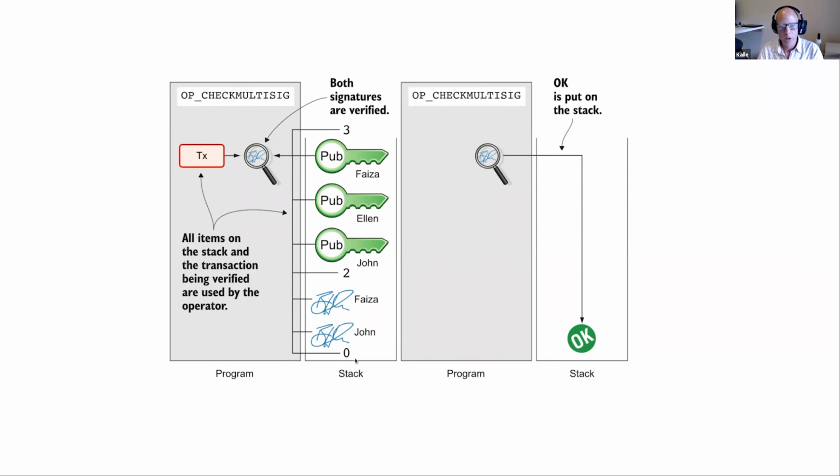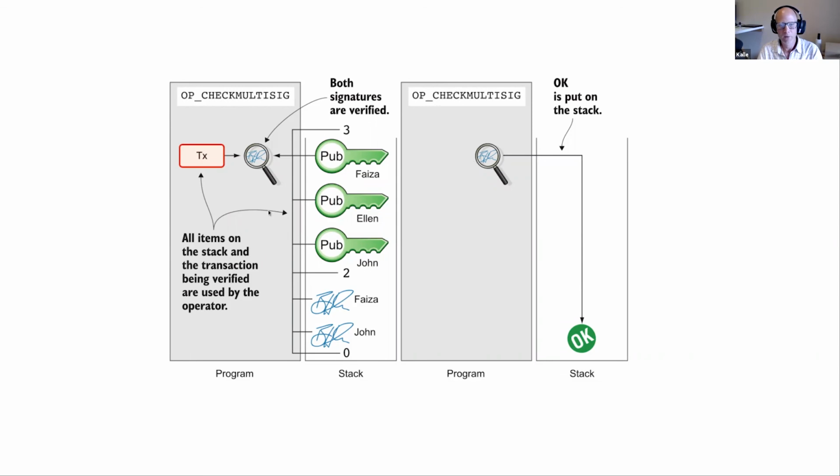Yeah, so this 0 is a bug. Just ignore it for now. We won't talk more about that. Okay, so it has taken these 3 public keys and these 2 signatures, and it will verify that at least these 2 signatures are valid for this transaction.